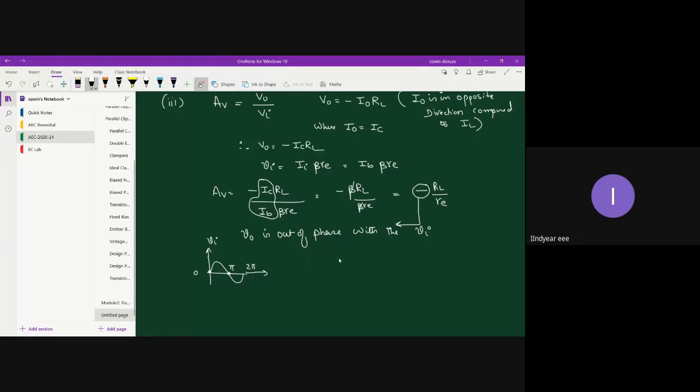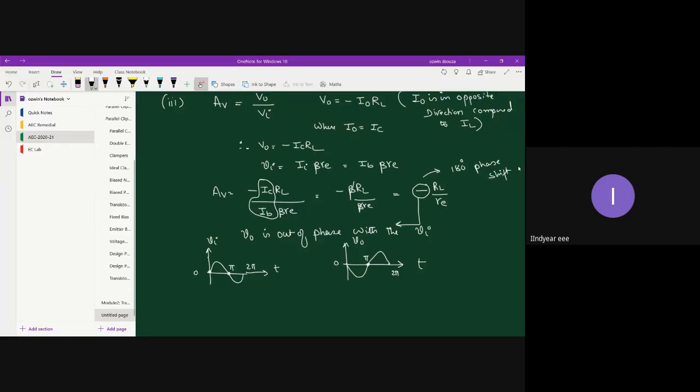On the other hand, in case of common emitter amplifier, the wave appears in a flipped manner. So you would get a complementary wave on the output side. Instead of having a positive going signal between the interval 0 to pi, you will have a negative going signal. Now you can clearly observe that they are 180 degrees phase apart. So that is called the out of phase phenomenon. This negative sign indicates a 180-degree phase shift.